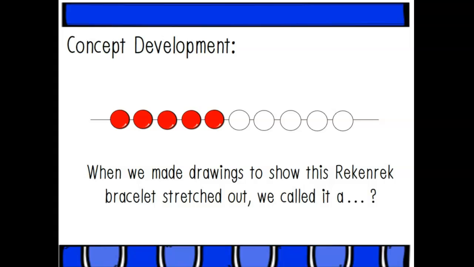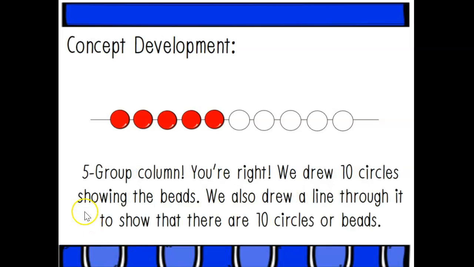When we made drawings to show this Rekenrek bracelet stretched out, we called it a 5-group column. You're right. We drew 10 circles showing the beads. We also drew a line through it to show that there are 10 circles or beads. So 2 5-groups makes a 10 group.